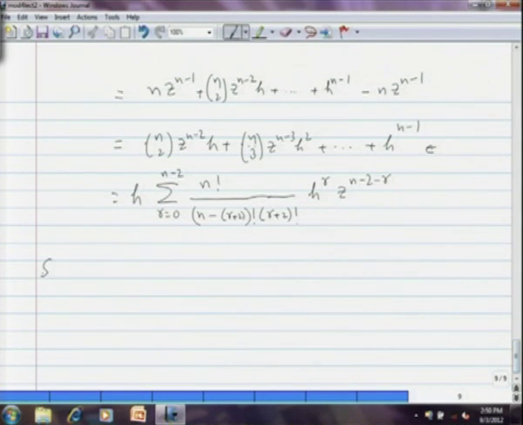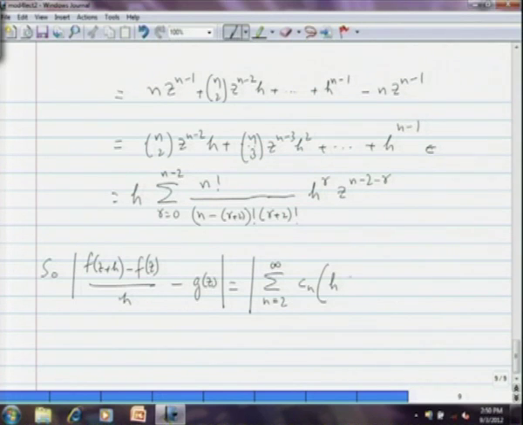Okay. So, now the estimate of the difference quotient, f of z plus h minus f of z divided by h minus g of z in modulus, is equal to the modulus of sigma n equals 2 through infinity of C n times h times, everything in the parentheses now, sigma r equals 0 through n minus 2 of n factorial divided by n minus r plus 2 factorial, times r plus 2 factorial times h power r times z power n minus 2 minus r.